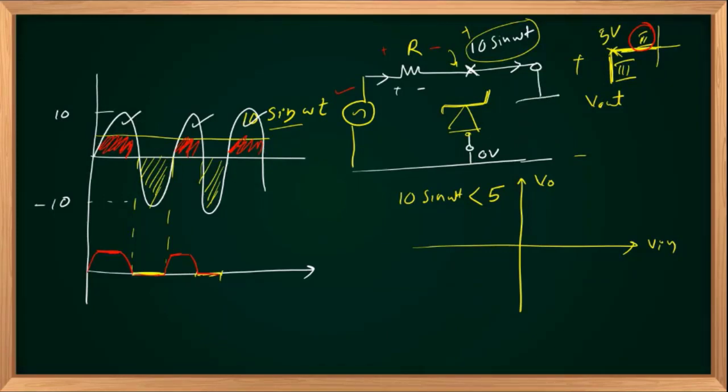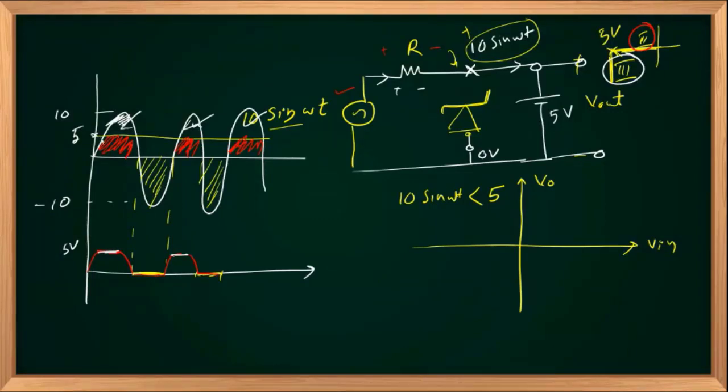So you can replace your diode with a 5 volts source once it is in breakdown mode, the third region. Once Vout is shunted by a 5 volt source, Vout will always be 5 volts. So Vout remains at 5 volts when input is greater than 5 volts, and this is my 5 volts level.